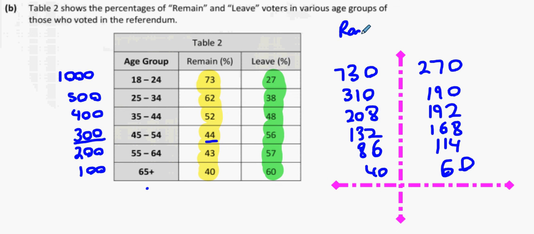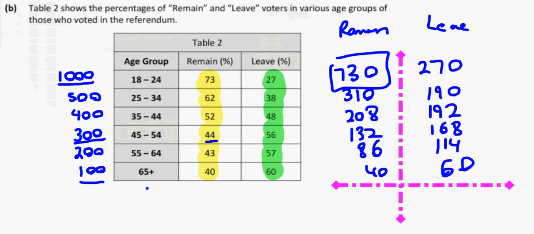Why did Remain win? The 730. So what you're saying is a high percentage of a more numerous demographic is better than a high percentage of a demographic that isn't as big. A high percentage of 1,000 people is much better than a high percentage of 100 people. Does that make sense?